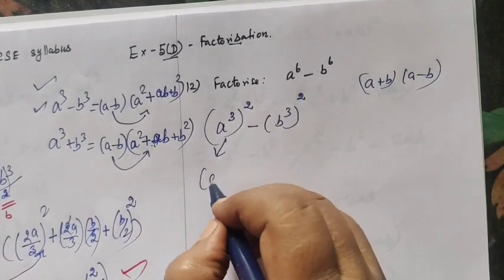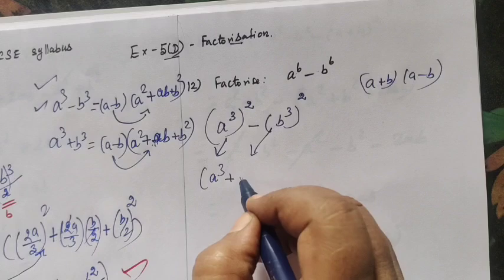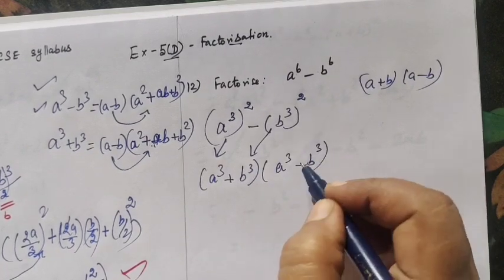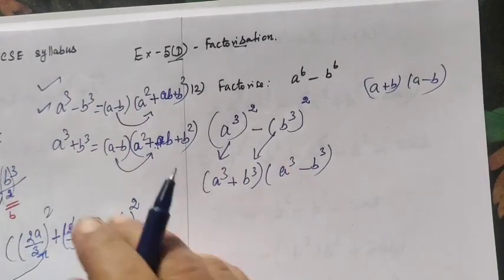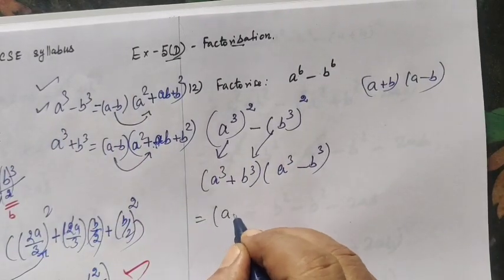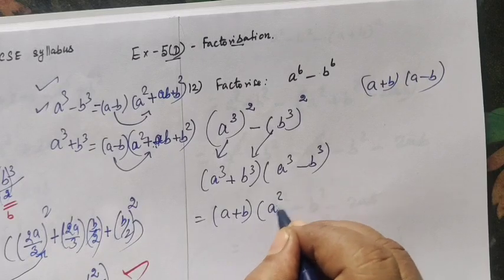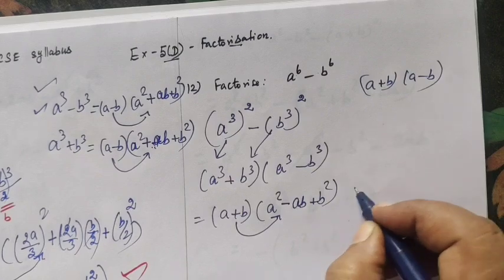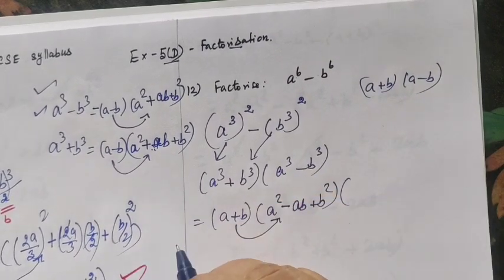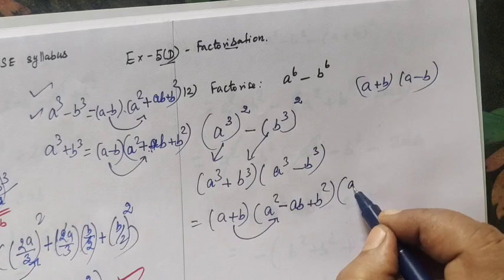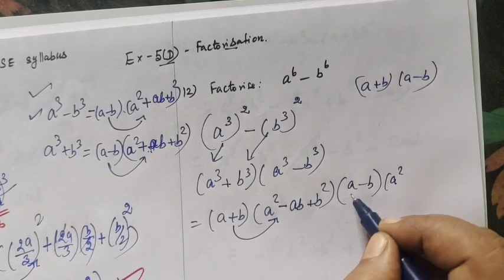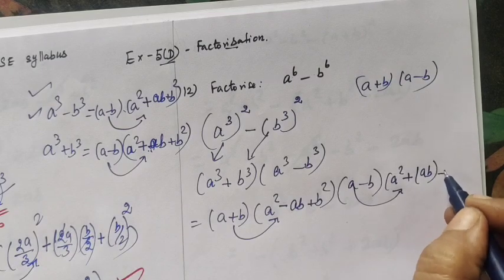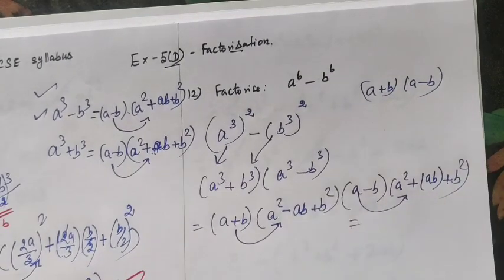So a cube plus b cube is a plus b, a squared, plus means minus ab plus b squared. Then a cube minus b cube is a minus b, a squared plus ab plus b squared.